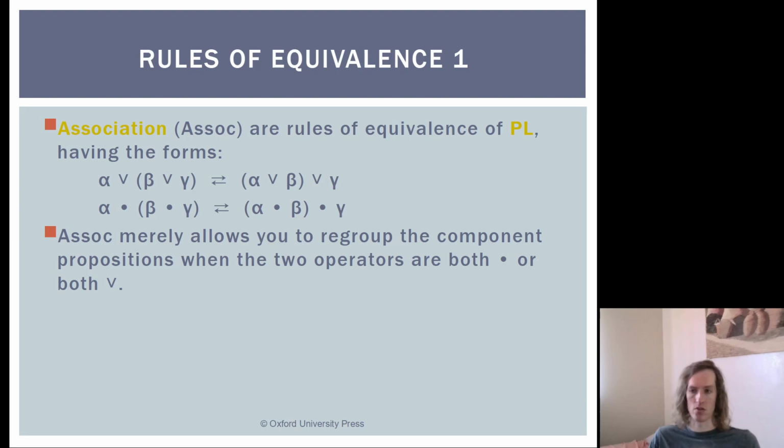We wouldn't be able to use simplification on gamma while it was locked inside the parentheses with beta there. So we would need to move the parentheses over to alpha and beta, and then once gamma is hanging outside, once the major operator is between gamma and alpha and beta, then we can get gamma on its own using simplification.